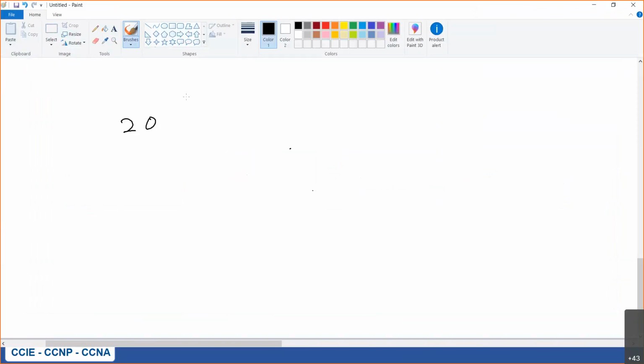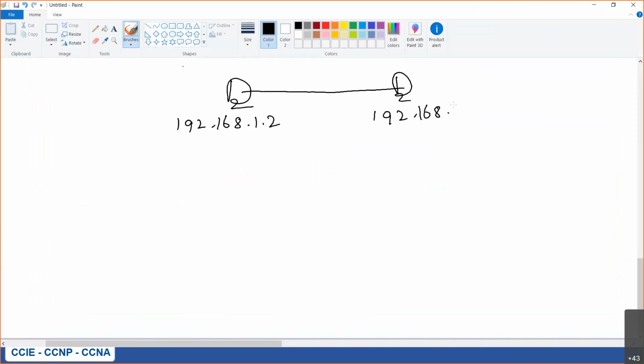I have a PC and one more PC. Two PCs are connected. The first device IP address is 192.168.1.2 and the second computer IP address is 192.168.2.2. Will they communicate?